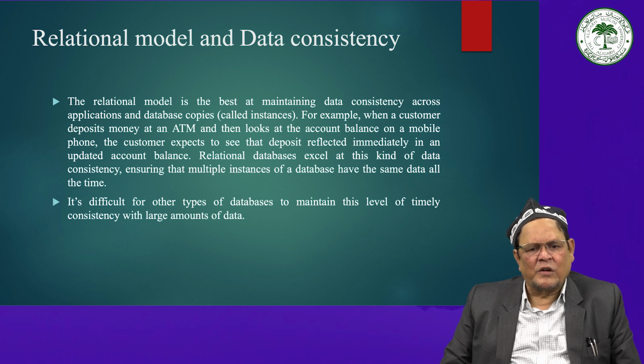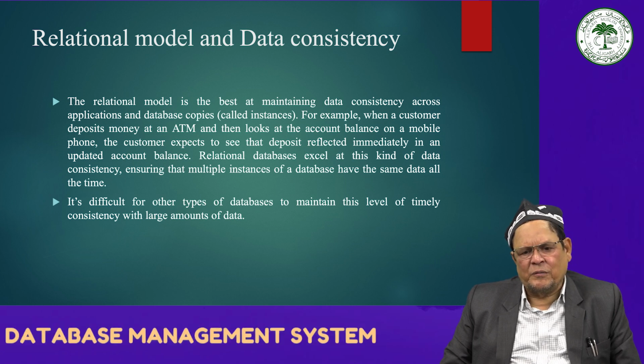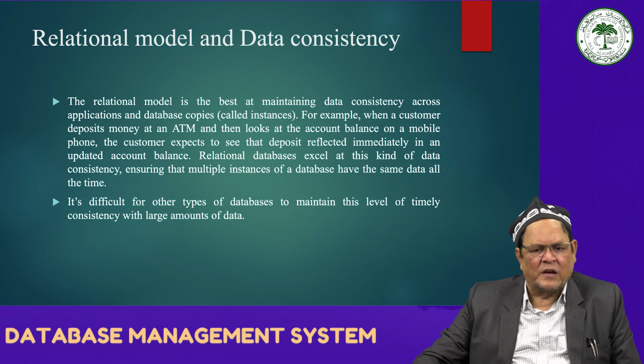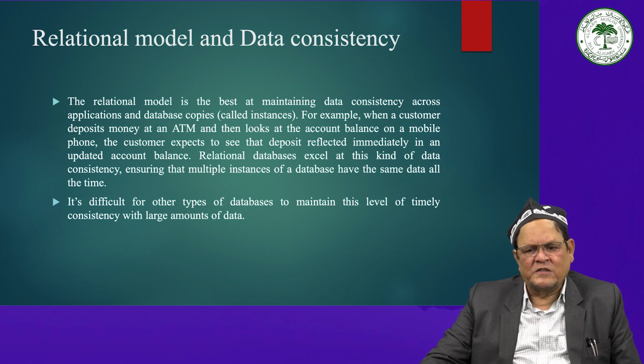It is difficult for other types of databases to maintain this level of timely consistency with a large amount of data. Some recent databases, such as NoSQL, can supply only eventual consistency. Under this principle, when the database is scaled or when multiple users access the same data at the same time, the data needs some time to catch up.